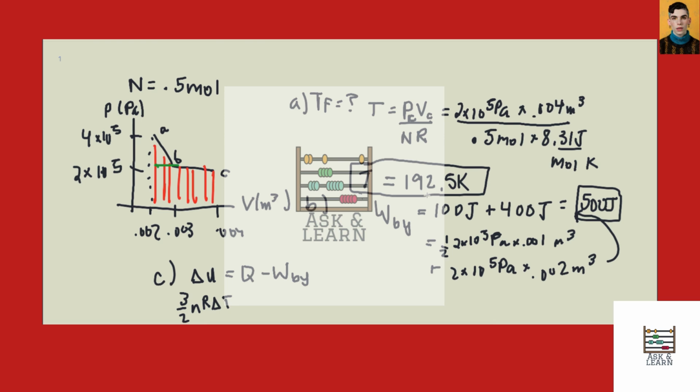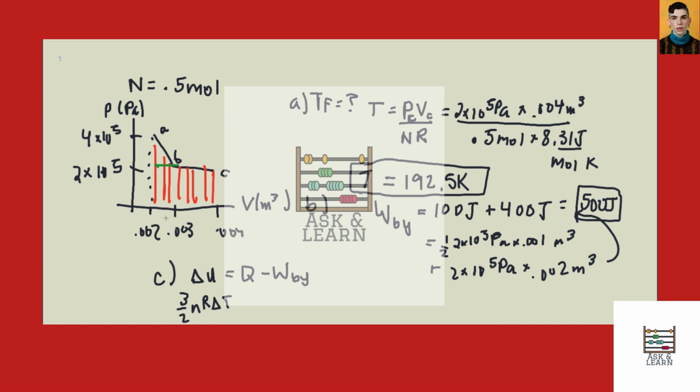But if we look at how we calculated the temperature, we did PV over nR, and the numerator had 2 times 10 to the 5 times 0.004. Now, if we calculate the initial temperature in the same way, instead of 2 times 10 to the 5 and 0.004, the numerator will have 4 times 10 to the 5 and 0.002.